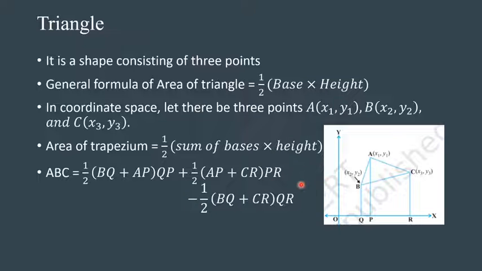So to get the area of ABC, we sum this area plus this area and subtract this area. If we sum the blue area and the green area, we get the area of BQRCA. But we only need ABC, so we need to subtract BCRQ as well, and with the help of this we can get the area of ABC.